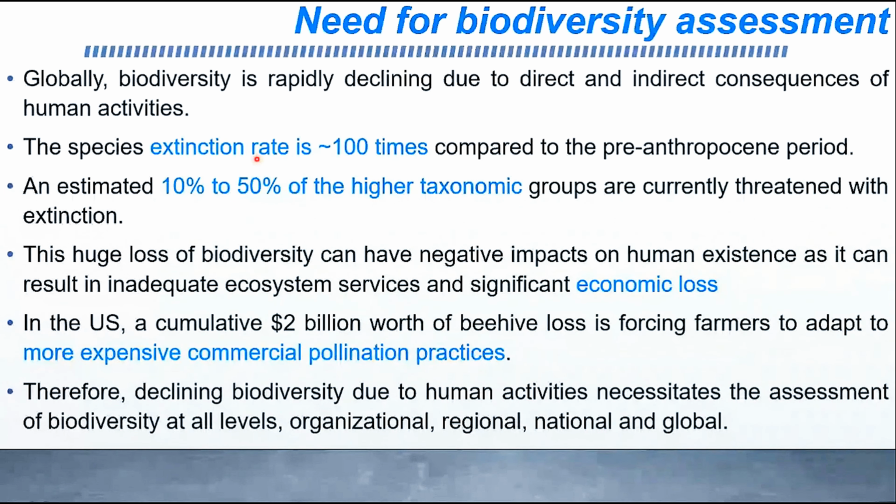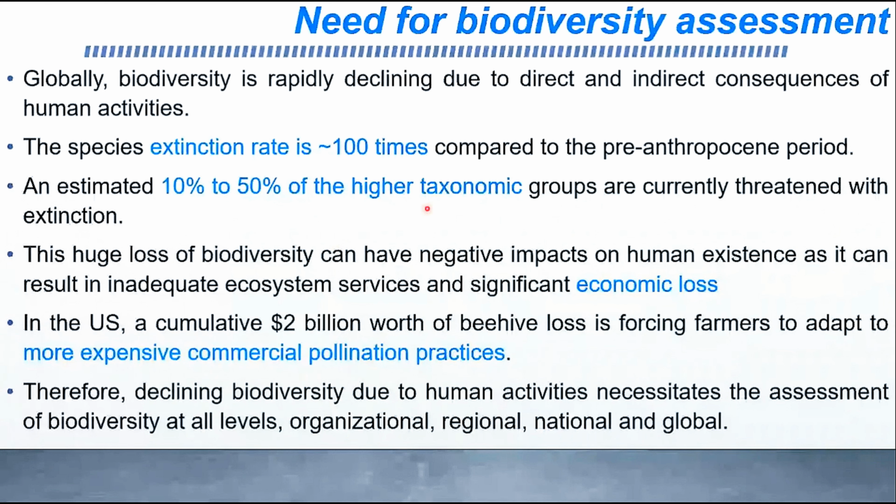Right? Now this has happened because of our interference with nature. Right? So one thing to remember is that extinction of habitats and species is happening at an alarming rate, and that is happening because of our activities, and these activities can be direct or indirect.